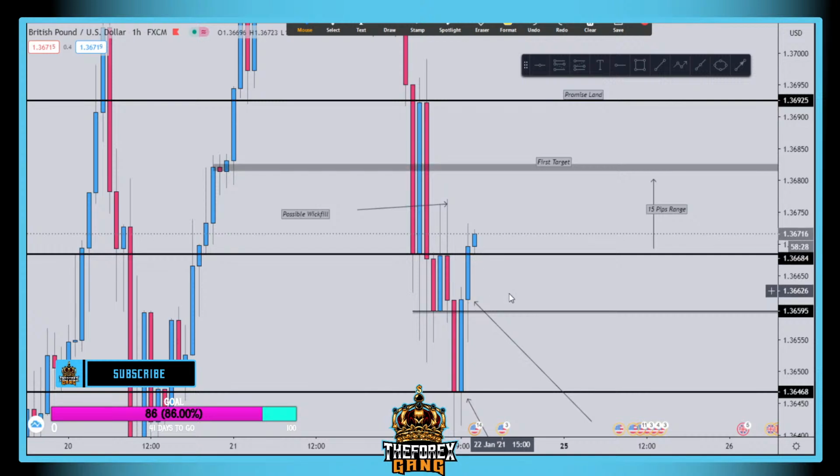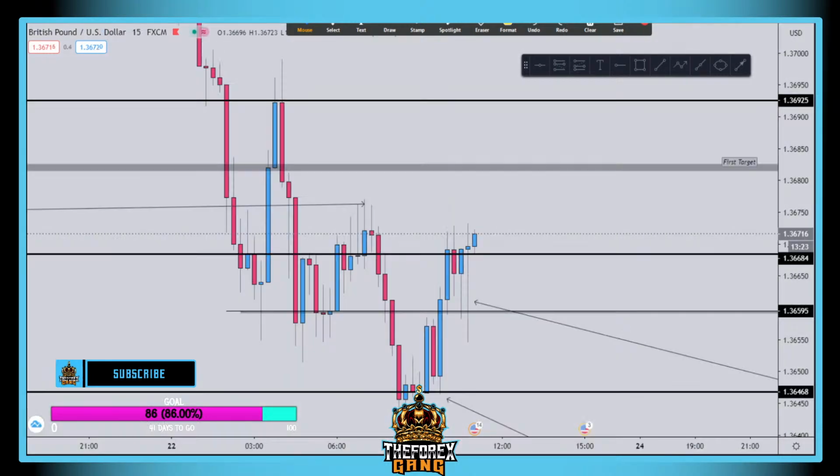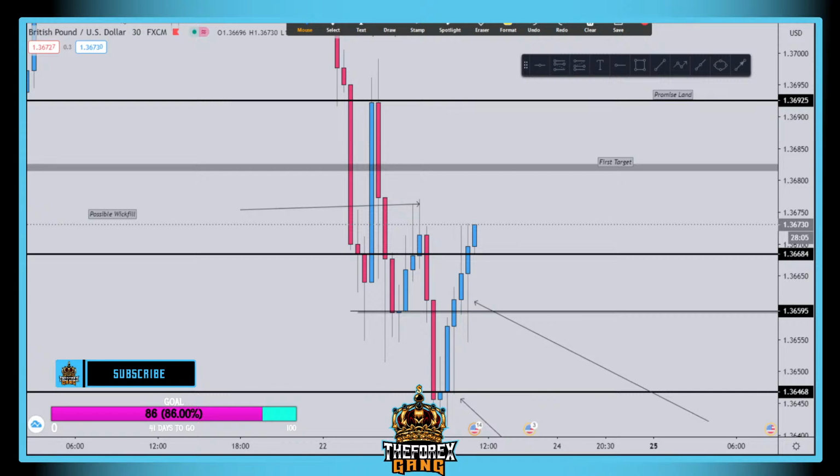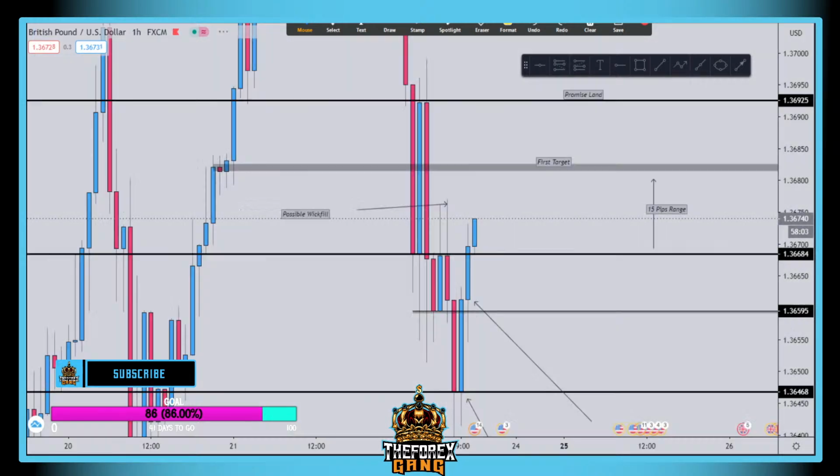Because if you see the 15, for me it's still in a range. Yeah, me too. I would want to see a bullish candle closing above 36.72. I'm going to leave too. It's okay if we miss it. It's Friday. It's going to go to the first target, then it's going to go to the promised land. It's going to go further.